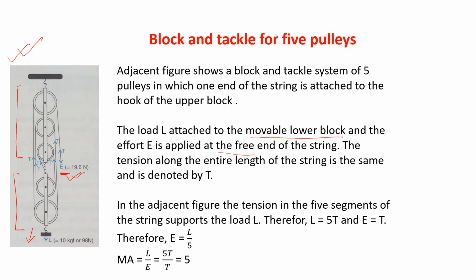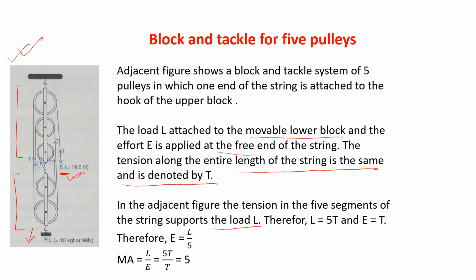The tension along the entire length of the string is the same, and it is denoted by T, because we are having only one string. In the adjacent figure, the 5 segments of the string support the load.